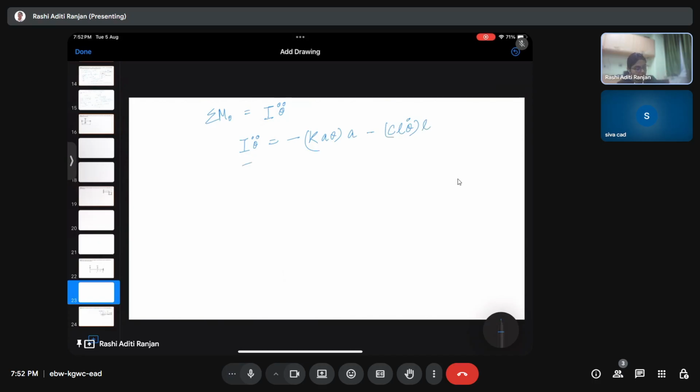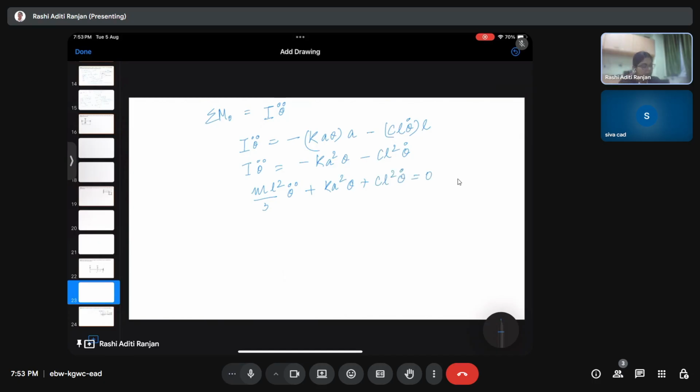So what do we get? I theta double dot is equal to minus K a square theta minus C l square theta dot. Now if we put I is equal to ml square by 3, this is going to be equal to 0.